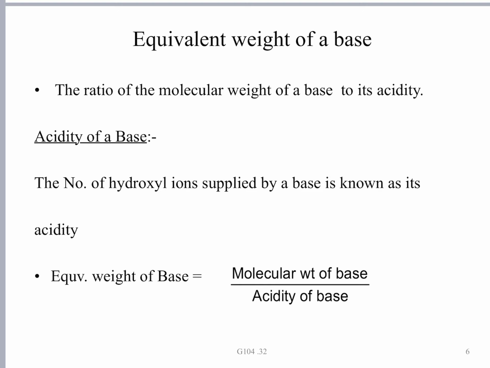For acids we talk of basicity, for bases we talk of acidity. The equivalent weight of a base is equal to the gram molecular weight of the base divided by the acidity of the base. Mathematically, the equivalent weight of a base is given by the molecular weight of the base over the acidity of the base.